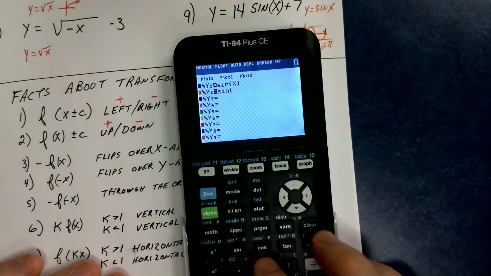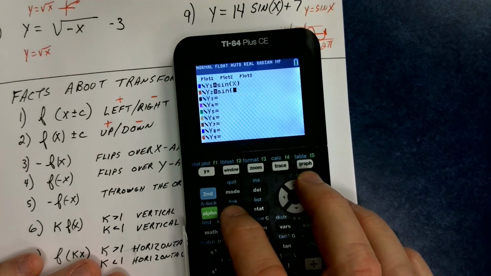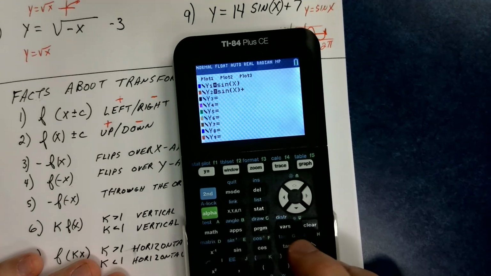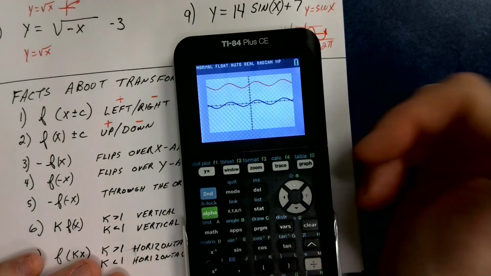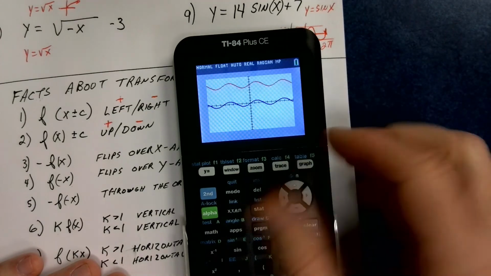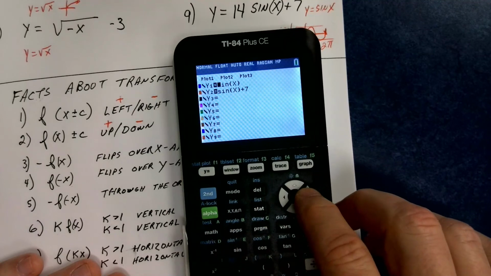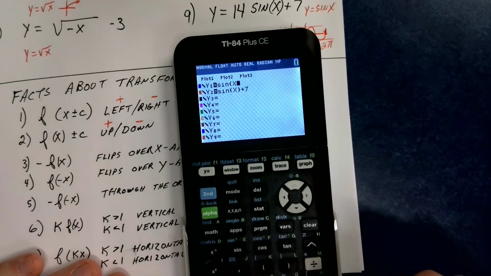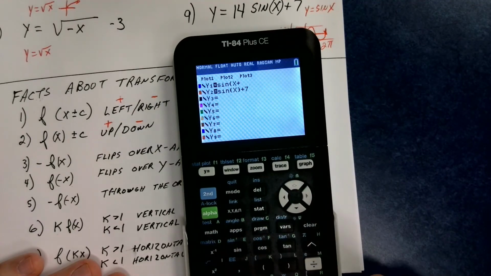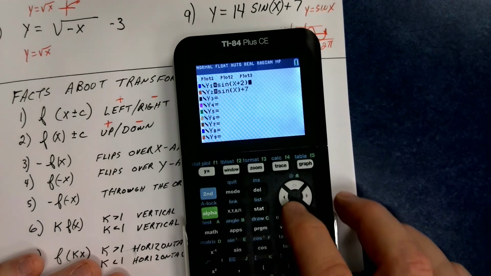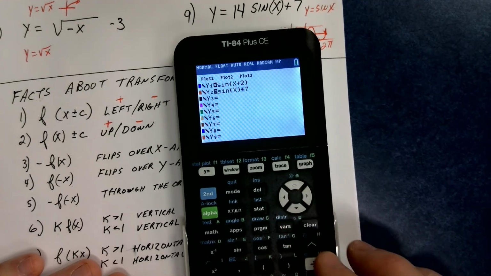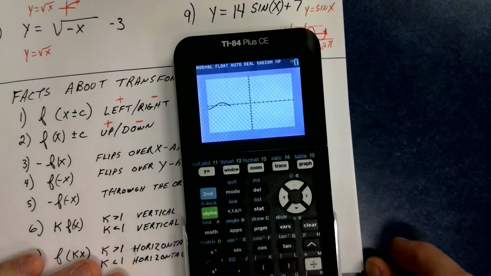So we'll go through this. Now I have sine of x plus 7. I'm going to do these independently. You can see that it's simply taking the sine wave and shoving it up 7. Yes? Whereas if I went here, and we'll do these later for you too, sine of x plus 2, you're going to see that they're slightly different.